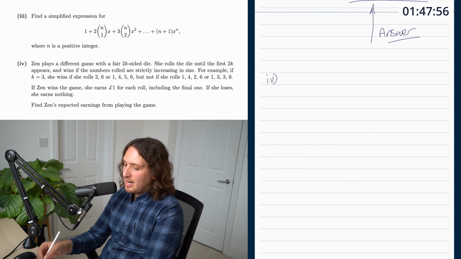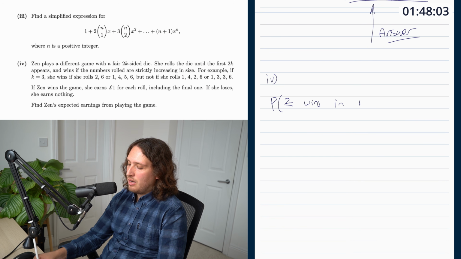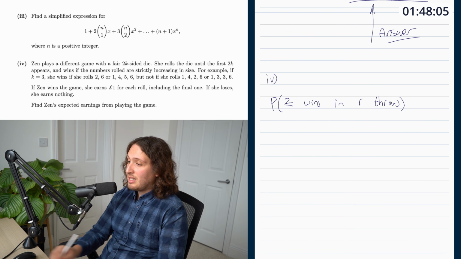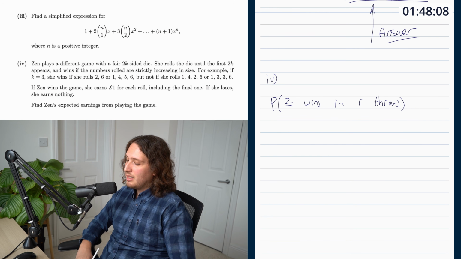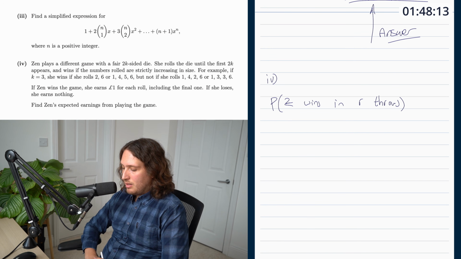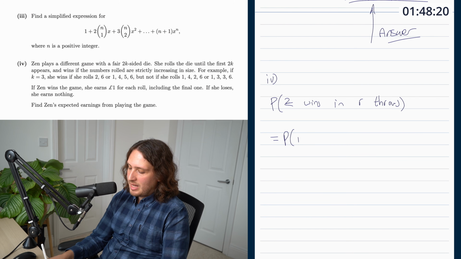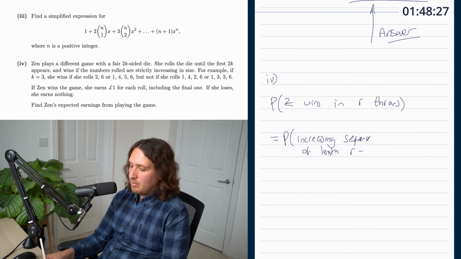Okay. So I clearly want to work out the probability that Zen wins in R throws, because that's what I want to multiply by R and then take an appropriate sum over. Now, what does that mean? That means we get an increasing sequence of length R minus 1, and then we get 2k.